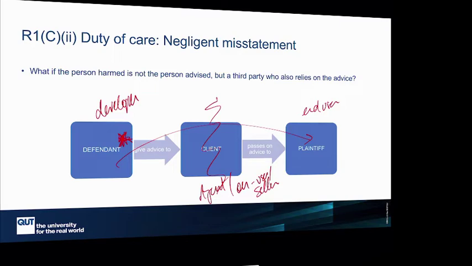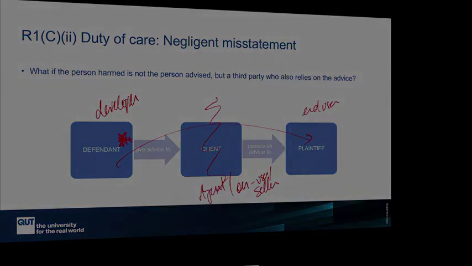And remember, there's no contract now about this advice between the defendant and the plaintiff, so they can't use contract to solve the problem. Just as with a manufacturer in Donoghue v Stevenson, the person who drank the ginger beer couldn't establish a contract with the manufacturer because they bought it from a retailer. This is the same problem this test is overcoming, only it's about advice and information.